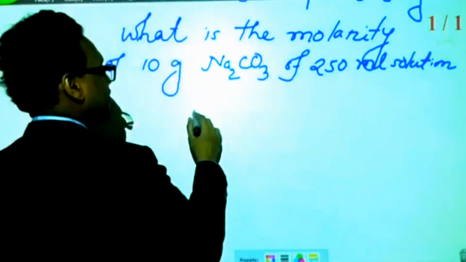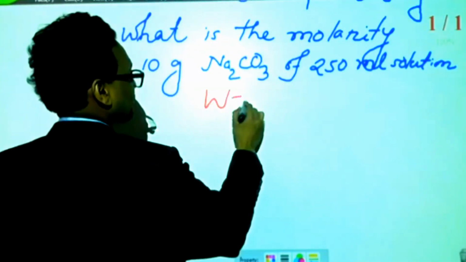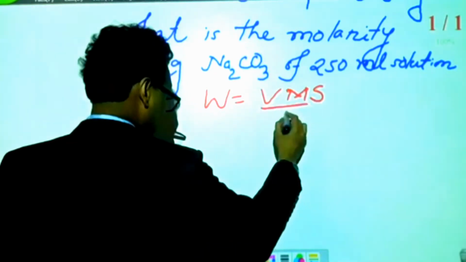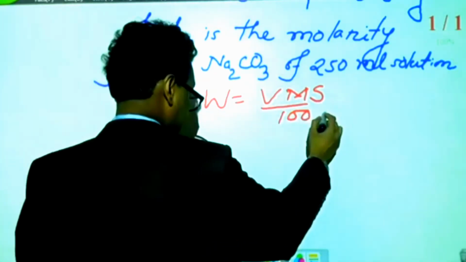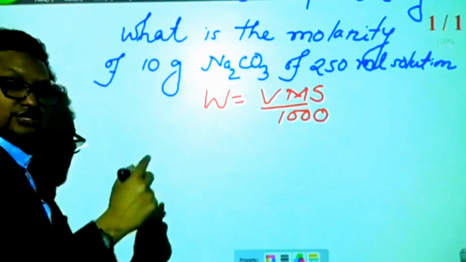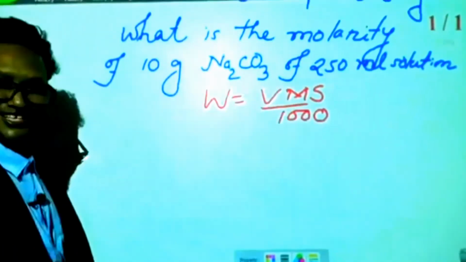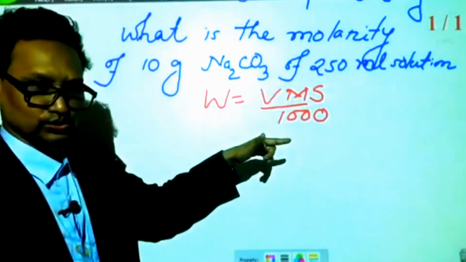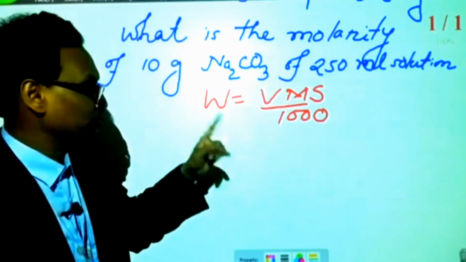So we know W equal VMS divided by 1000, and it will be for women.